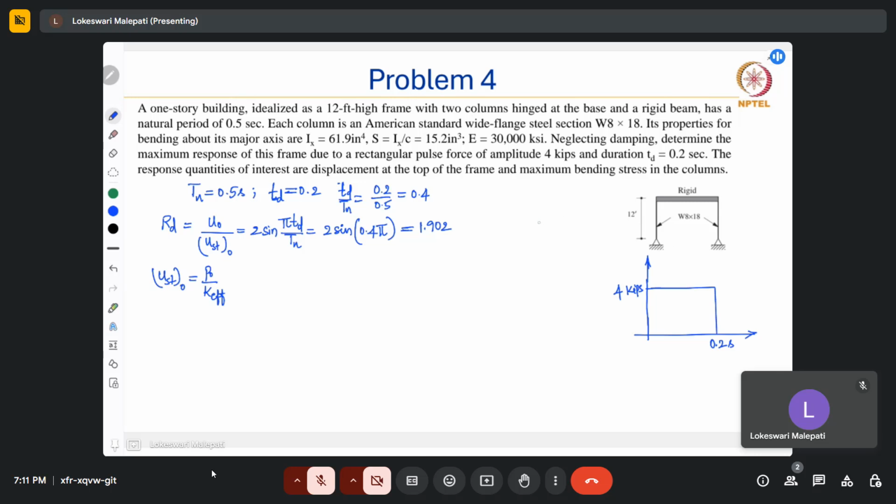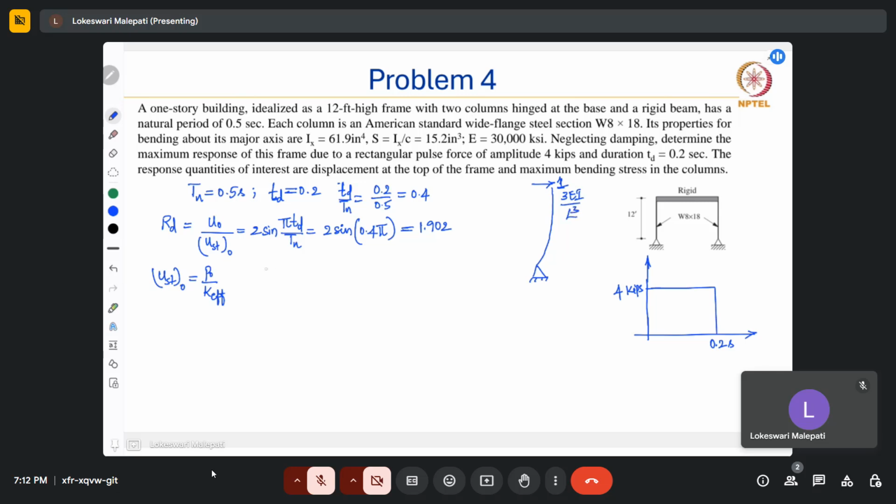So in this case, when you apply the unit displacement, the shear force that would be produced is 3 EI by L cube. Here we have two columns.